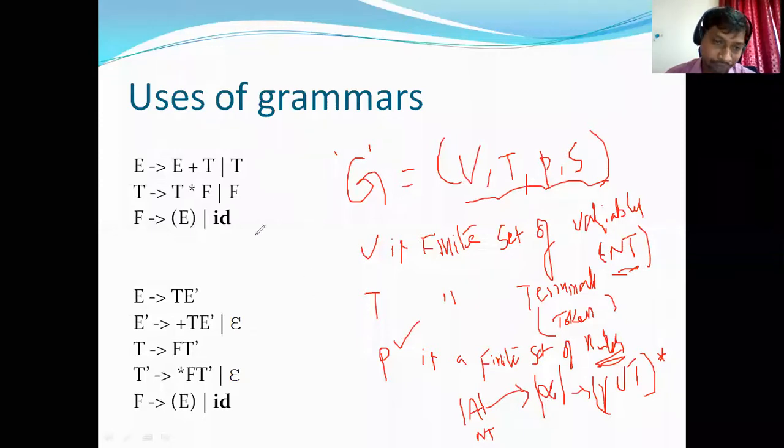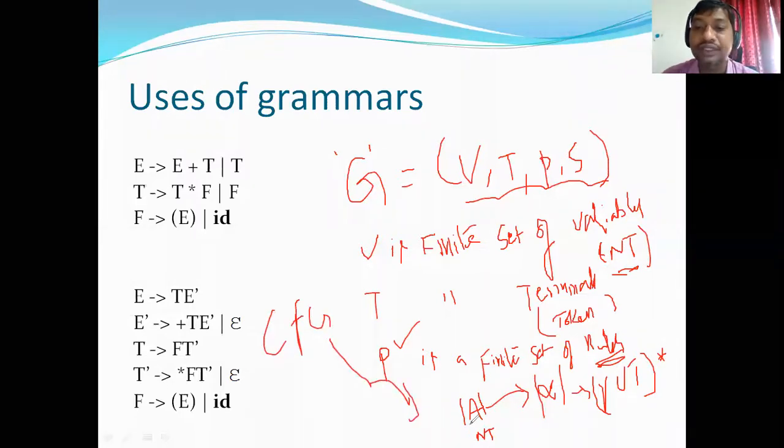So I'm giving the definition for CFG. In CFG the grammar rules are like this: A derives alpha, where A is a single non-terminal and alpha is a combination of terminals and non-terminals. I will give you a small example so that it will be more clear. Then S is a special variable.